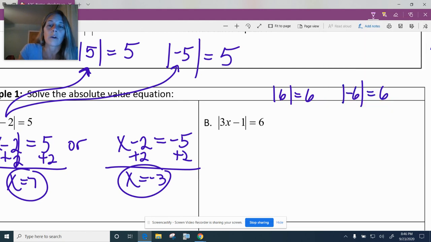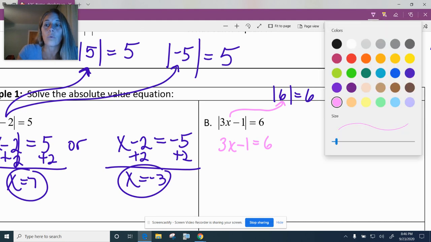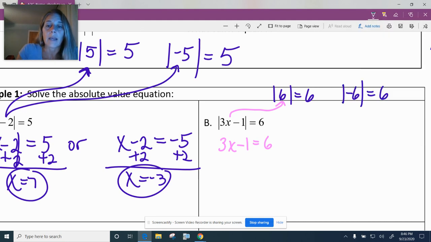So my 3x minus 1 could be equal to +6, or my 3x minus 1 could be equal to -6, because both of those would equal 6 when we take them out of the absolute value.